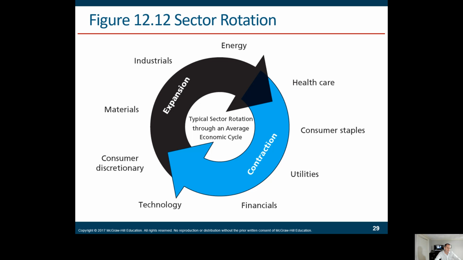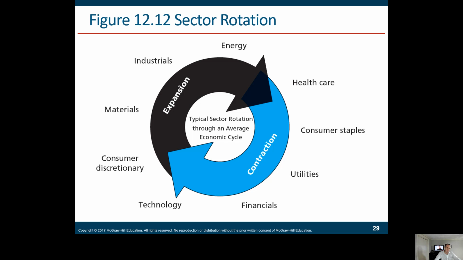Another example of an industrial would be Boeing, or another company I look at is called Builder, BLDR. They make home building equipment, but within industrials. A company that makes equipment for building homes is an industrial name. A company that actually builds single family homes is in consumer discretionary.